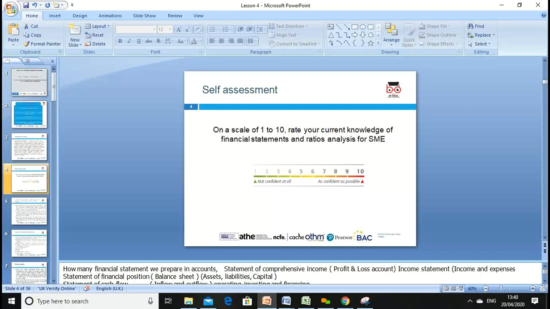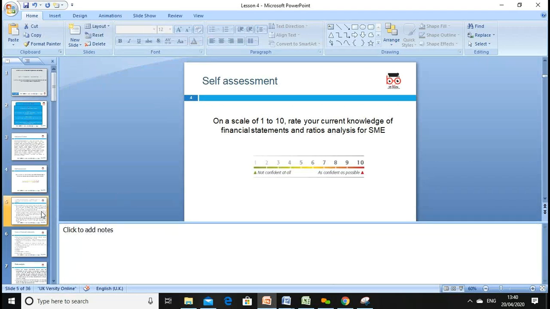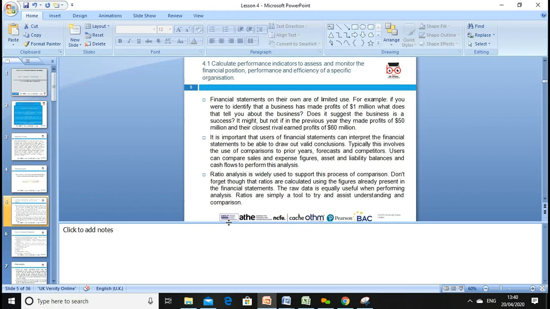Now you can rate yourself on your knowledge of financial statements and financial ratios. In terms of the financial statements, we already discussed these in our other lessons as well.